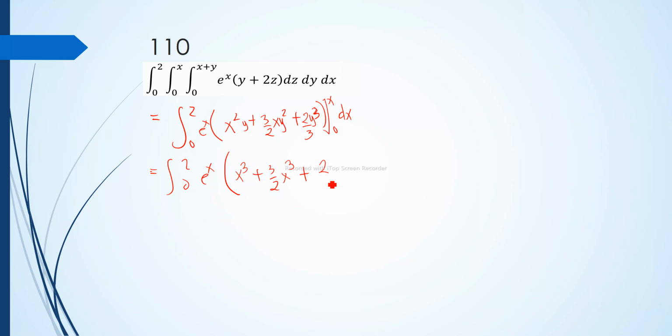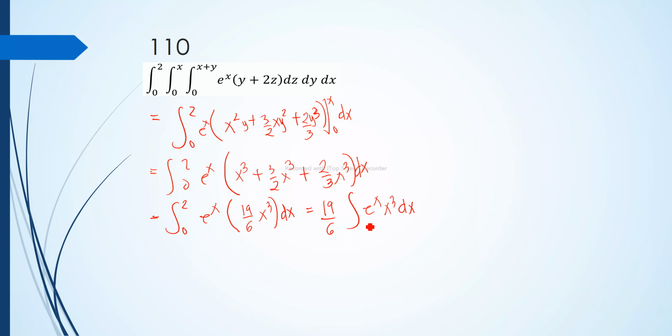This becomes 2/3 y cubed. So we have the 2/3 also x cubed dx. Since they are all x cubed, then we can obtain 19 over 6 x cubed dx. Because that is a constant, we have the 19 over 6 integral of e to the x cubed dx from 0 to 2.